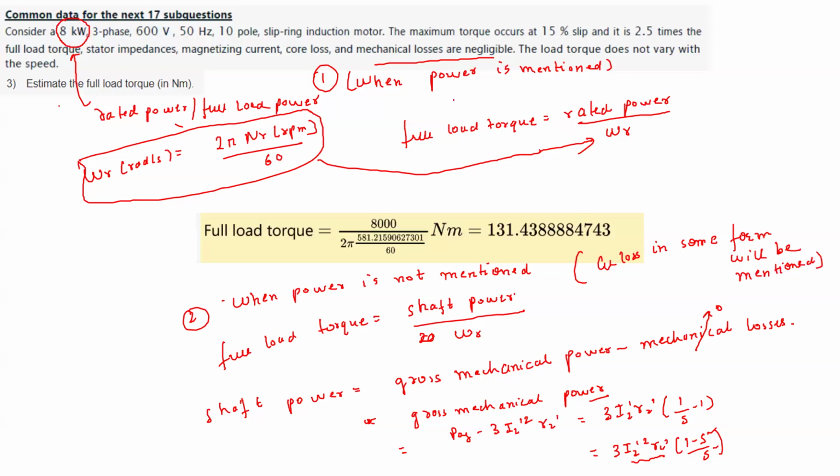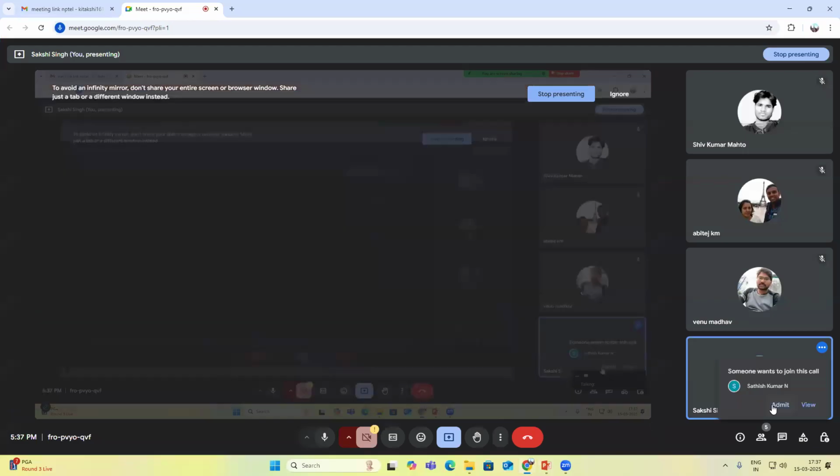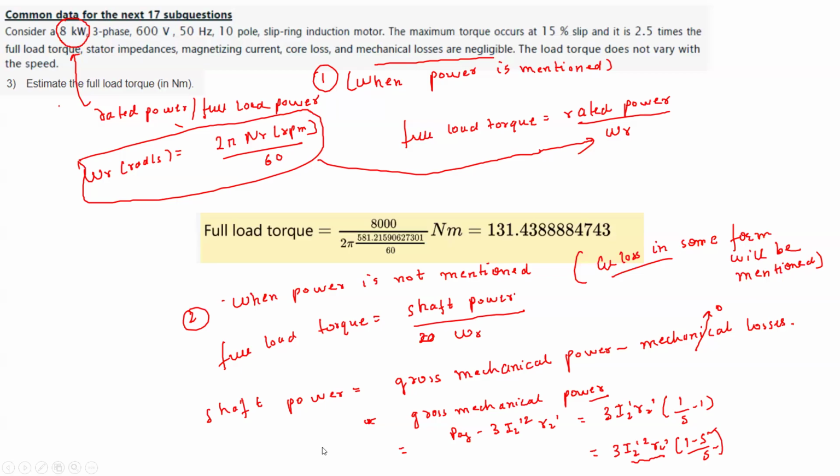If the power is mentioned, then you know this is rated power by omega R. If power is not mentioned, then copper loss in some form will be mentioned. So you have to obtain the copper loss, which is this 3 I2' square R2', and slip you already know, (1 minus S) by S. So this is how you can solve this.